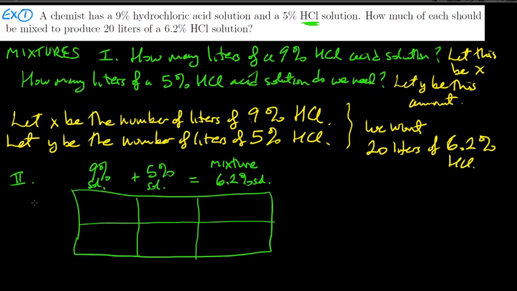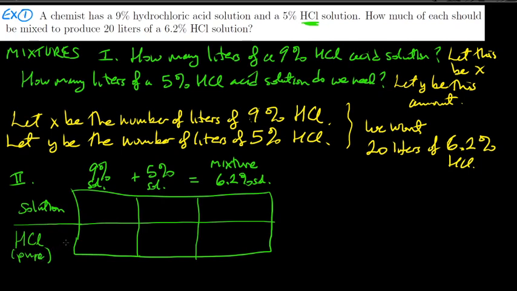Okay. Right, so what about the rows? The rows are, well, you have the amount of the solution. A solution is really just a mixture of the hydrochloric acid and other stuff, usually just water, right? So what goes in the solution is the hydrochloric acid, so this is pure hydrochloric acid.